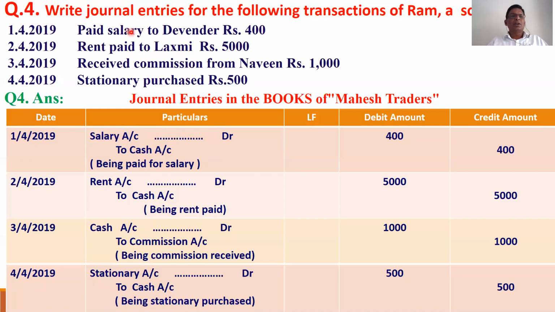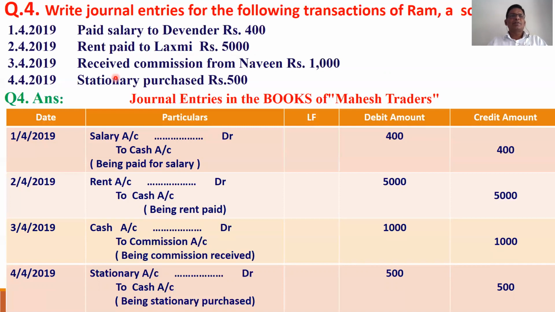We open the salary account, that is enough, because he is giving the services and he is getting salary. So that's why Devinder account is not here. You have to remember, whenever there is a personal account at the time of payment or receipt, the personal account is ignored. The personal account is immaterial. So salary paid, cash is going out, cash account is credited, salary account is debited, being paid for salary.